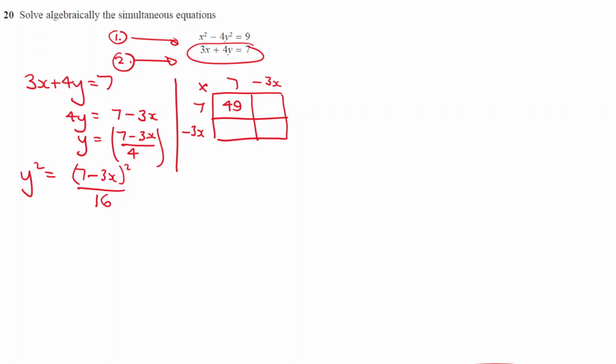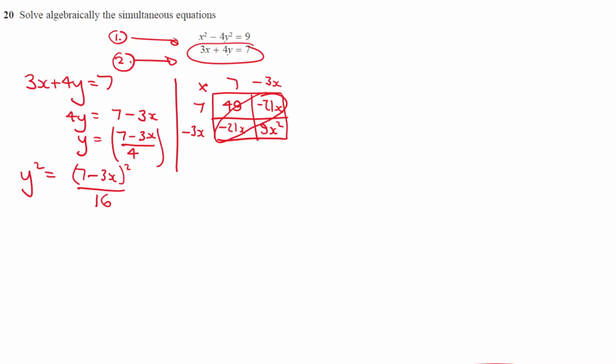7 times 7 is 49. Negative 3x times 7 is negative 21x. 7 lots of negative 3x is also negative 21x. Negative times negative is positive. 3 3s are 9. x times x is x squared, so that's going to be positive 9x squared.